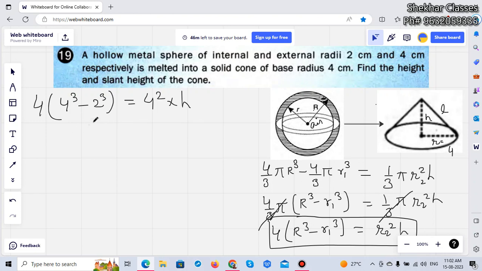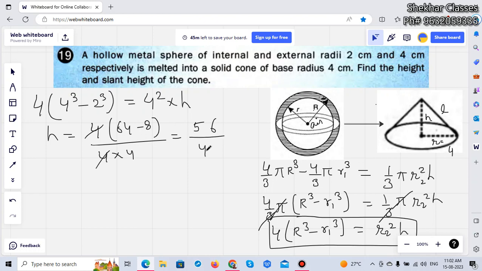So if I solve it here, h will be equal to 4, we can write 4 cube as 64 and 2 cube is 8, the whole thing upon 4 square, so 4 into 4. This 4 got cancelled. So we'll get here 64 minus 8, which is 56, upon 4. So it will give you 14. So h, we got it as 14.